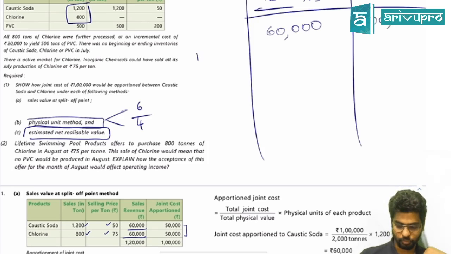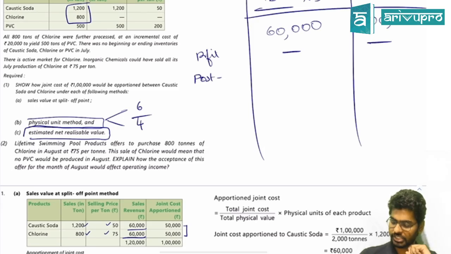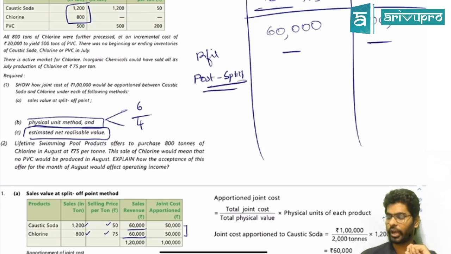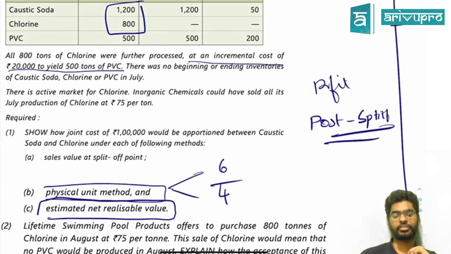Do you know the profit margin? Guys, in the question, do you know the profit margin? No. Do you know any cost which is incurred post split off point? There is only one part of the question which says there is an incremental cost of 20,000 to yield 500 tons of PVC.